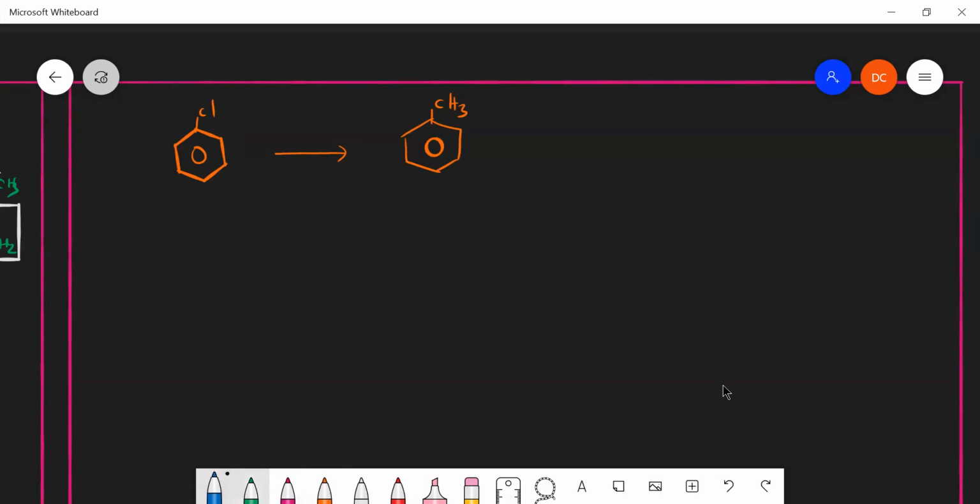Any idea? Again, the sodium metal with CH3Cl. This is the Wurtz-Fittig reaction. In the presence of ether, I can get toluene. NaCl will go off. So I get my product as toluene.